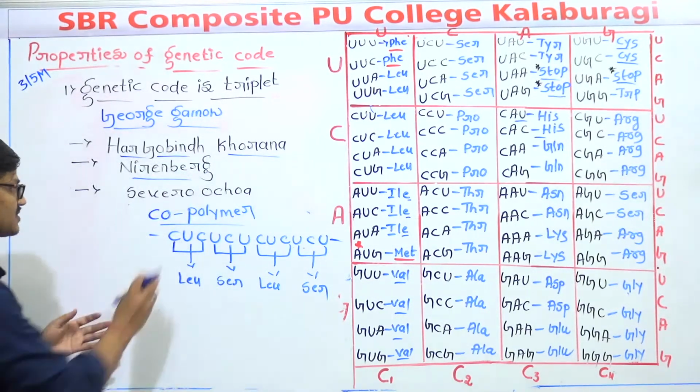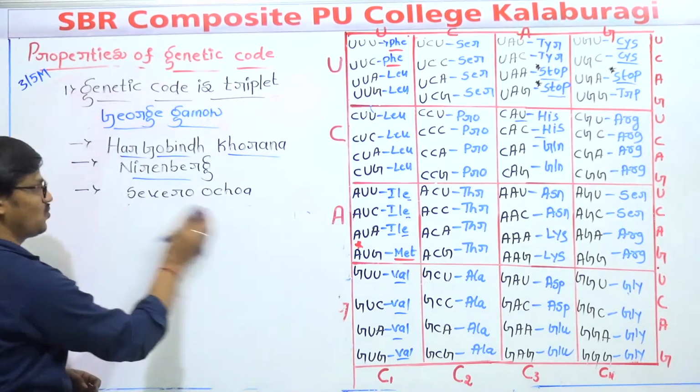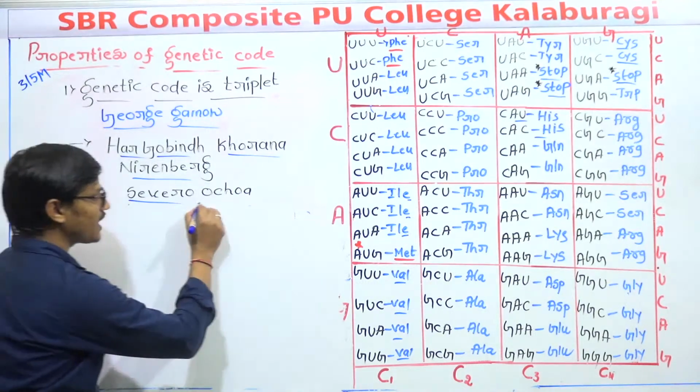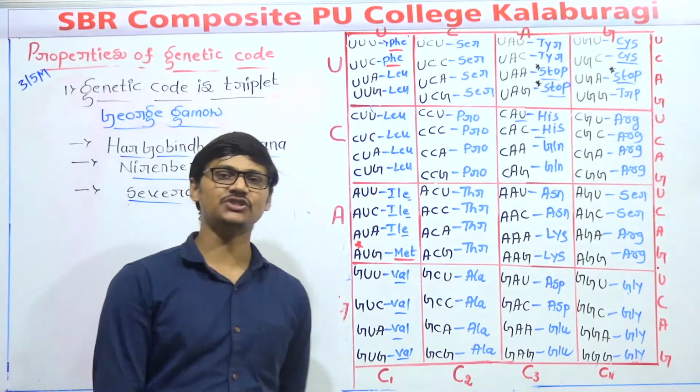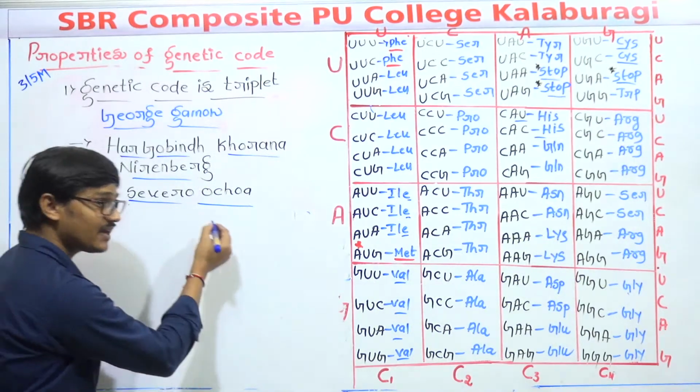Now the last scientist, Severo Ochoa. Severo Ochoa is a scientist from Spain. He is a Spanish biochemist, and he discovered an enzyme.